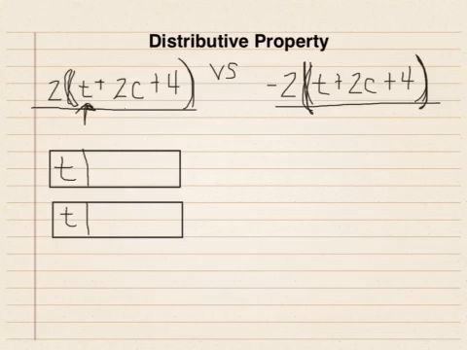And then here, this 2C could represent that they each bought 2 candy bars, but we don't know how much each candy bar was. And then lastly, this could still represent the popcorn, where they each spent $4 on popcorn.